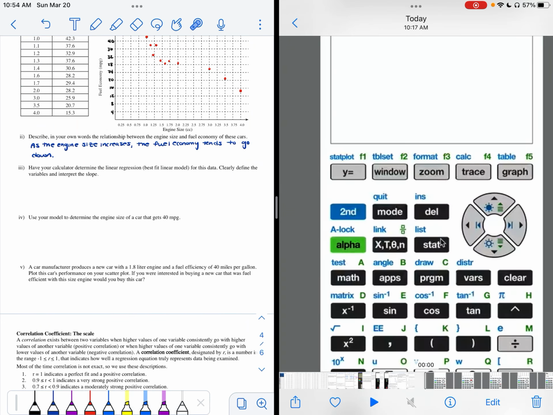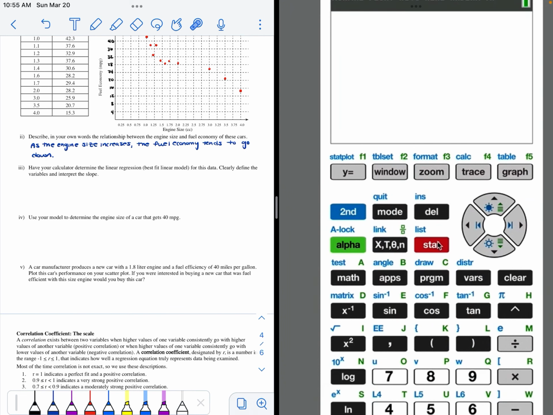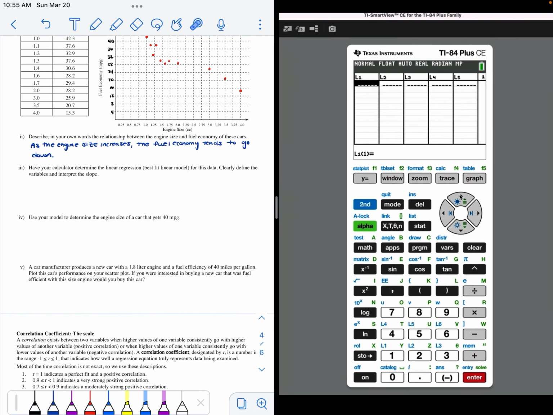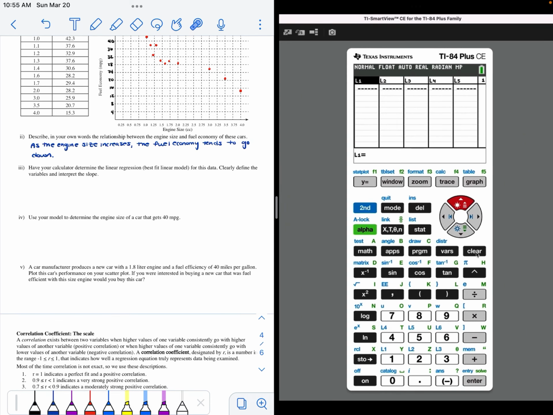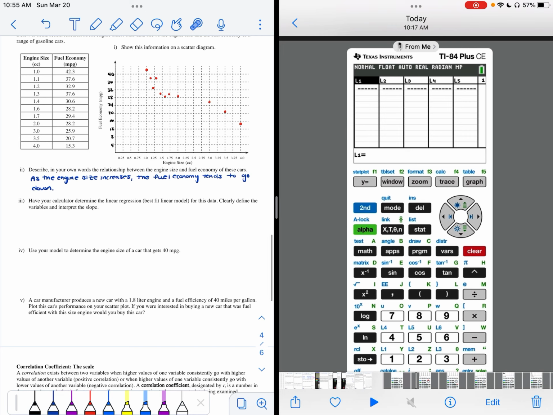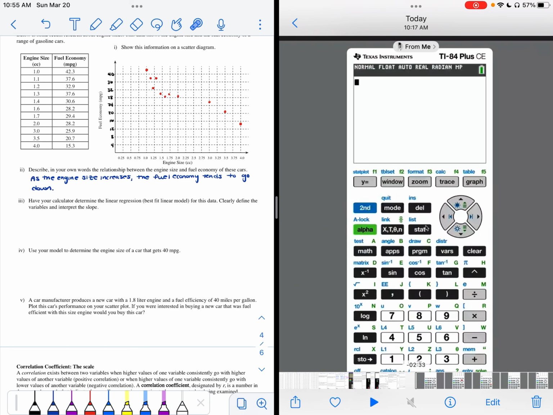Oops, spoilers, it's the end of my video. All right, so I went ahead and just did it ahead of time with my computer before jumping in here. So what we're going to do here is take all of this data that we have over here, the engine size and the fuel economy, put it in our calculator, and then tell it to find a line of best fit.